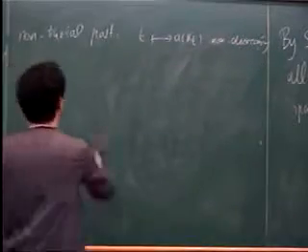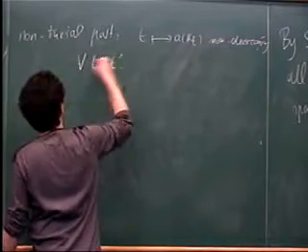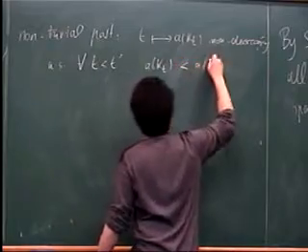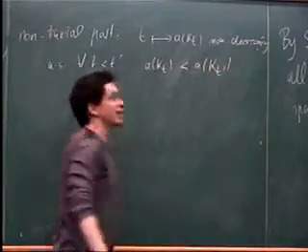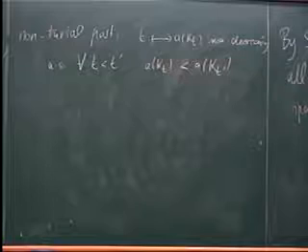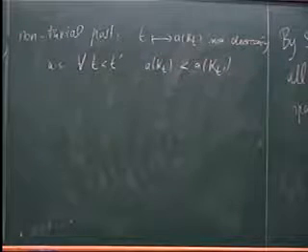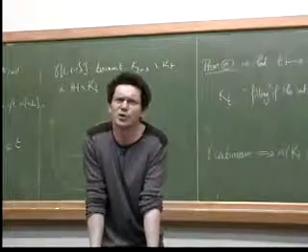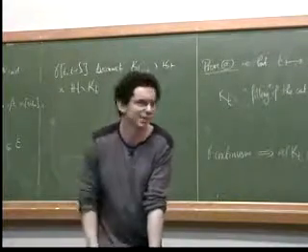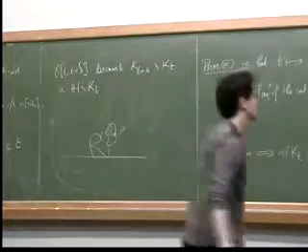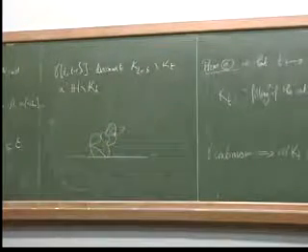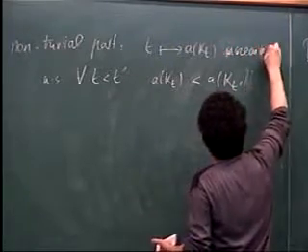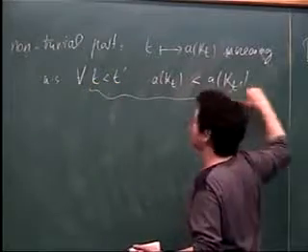So what we want to say is that for any t smaller than t prime, almost surely, A of kt is strictly smaller than A of kt prime. In English, increasing means strictly increasing. So, well, that's what we want to prove.